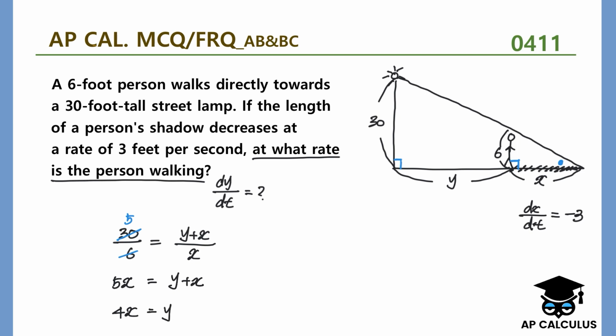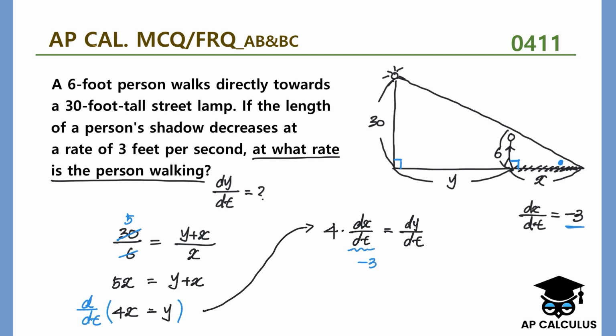Now we're going to differentiate this equation with respect to time t. So we'll have 4 times derivative of x, that's dx over dt, is equal to derivative of y, dy over dt, right? It was given that dx over dt was -3, right? So this is a -3.